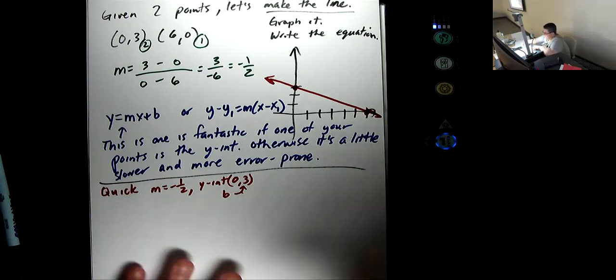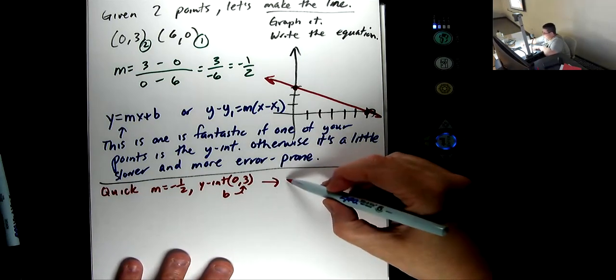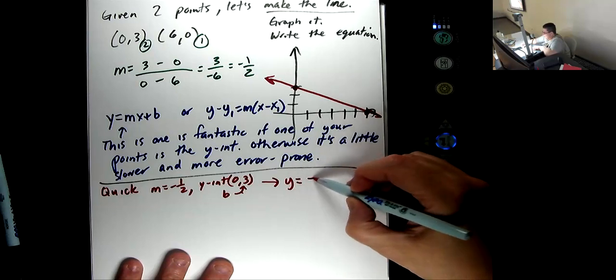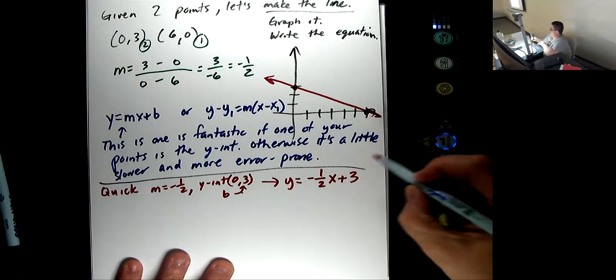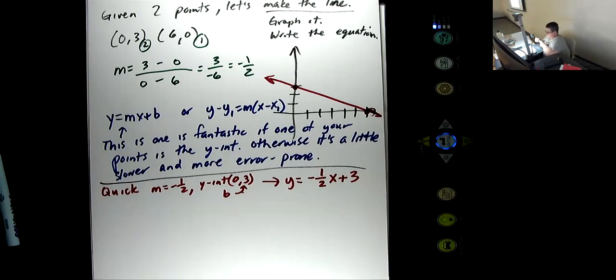And it means I can just plug them directly into y equals mx plus b. And I'm done. That doesn't happen all that often, but the homework might have it on there for you. And that's the quick way.